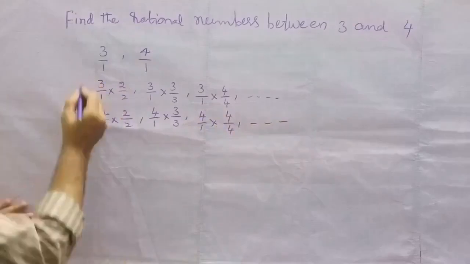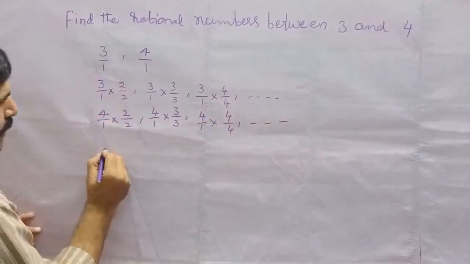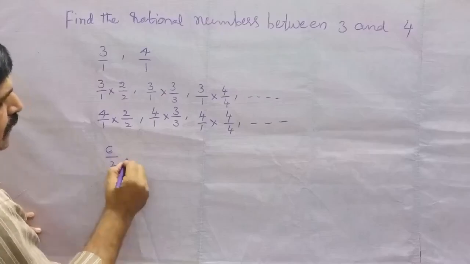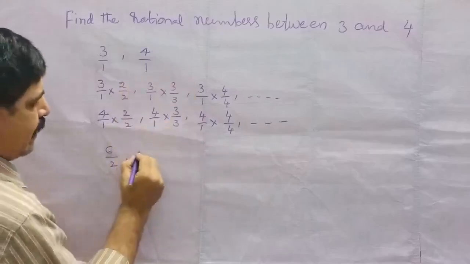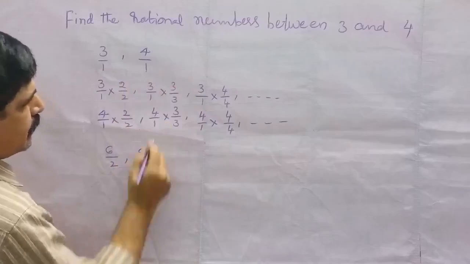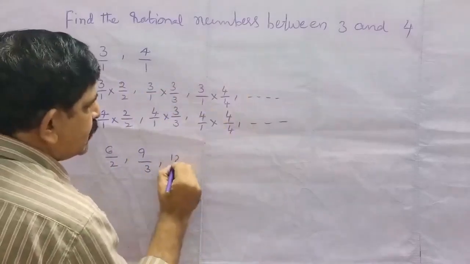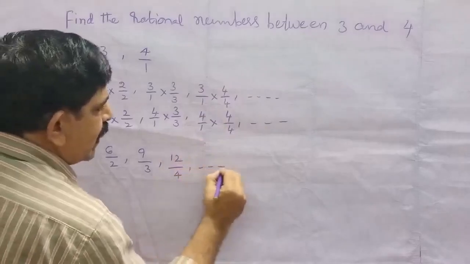Now, what we get here: 3 by 1 is 3 2s are 6 by 2. Next one, 3 3s are 9 by 3. Next one, 3 4s are 12 by 4, and so on.